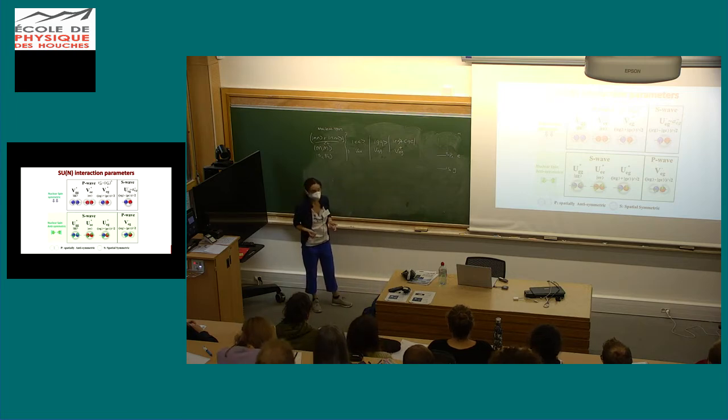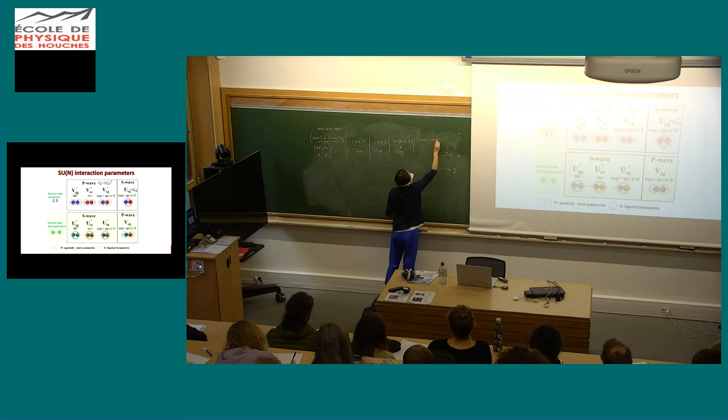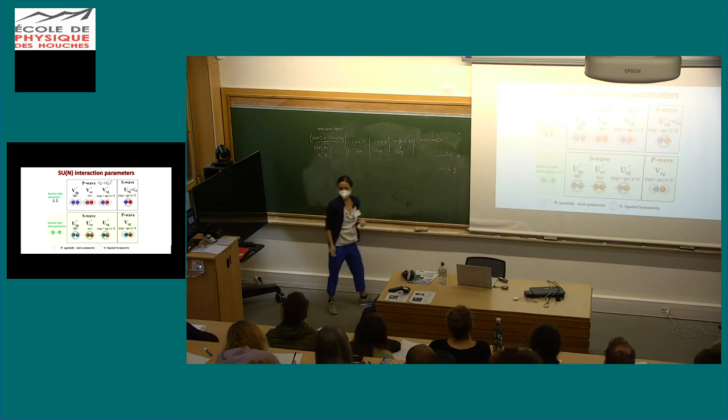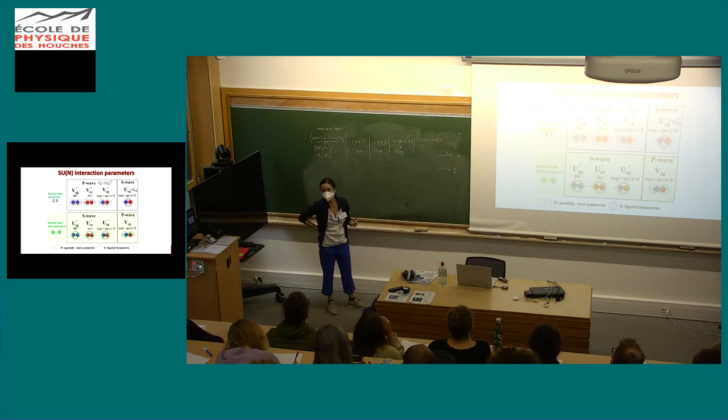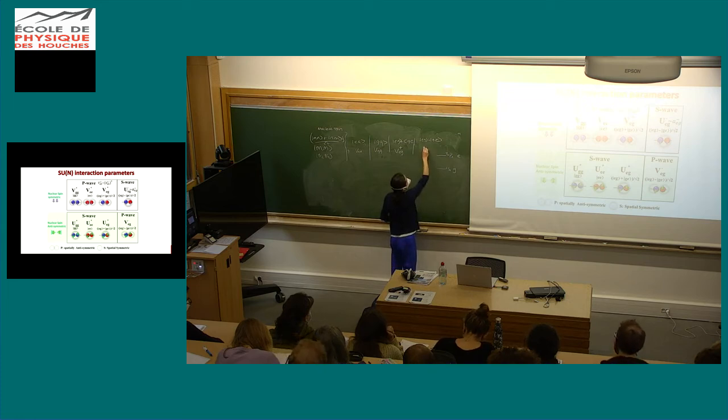Now I have another choice. I have the possibility to have antisymmetric orbital degree of freedom. In this case, the spatial wave function needs to be symmetric. So there is a possibility to have collisions that are S-wave.